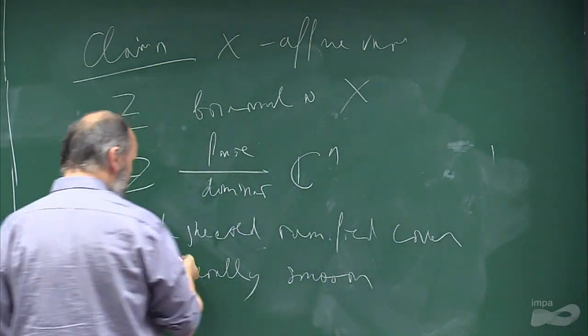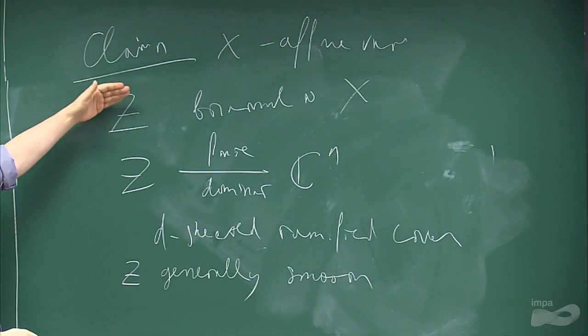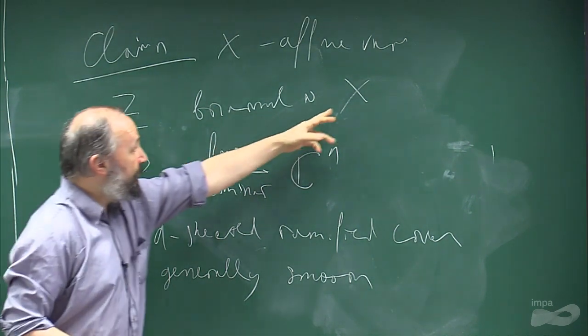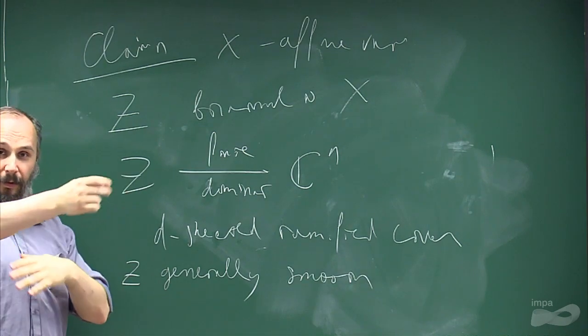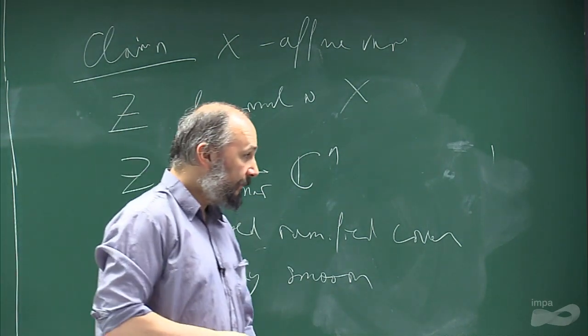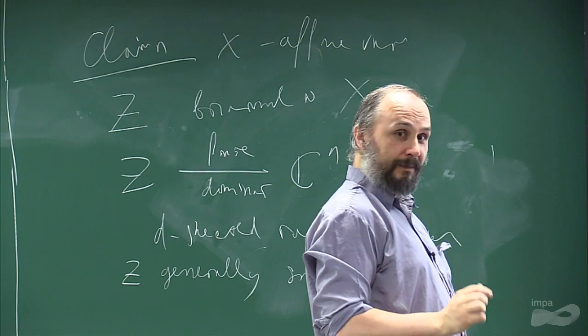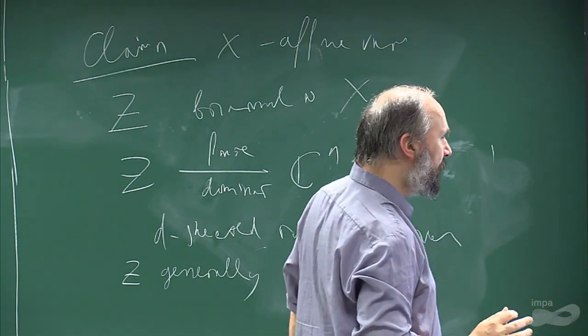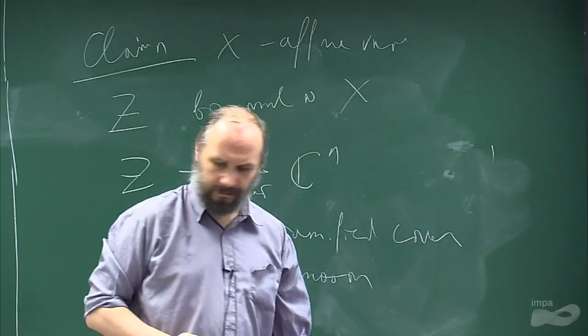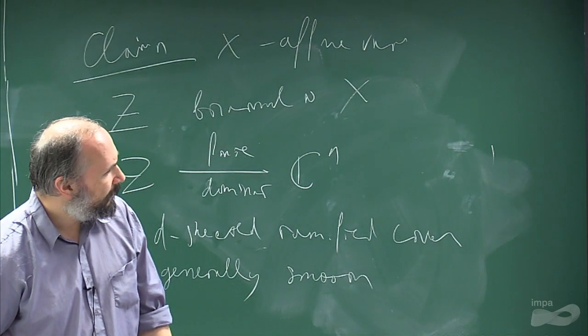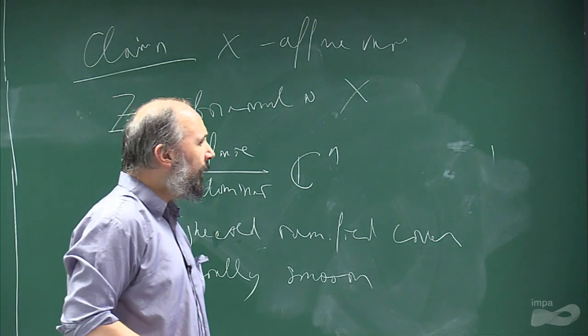Because it's a ramified cover, the same is true about X, because Z differs from X only on a divisor. Now clear? Okay. This is one thing.